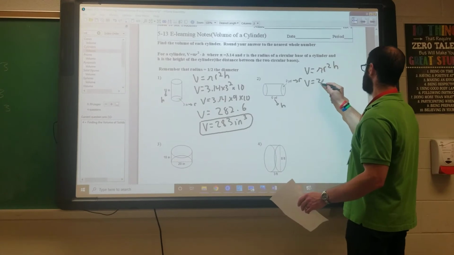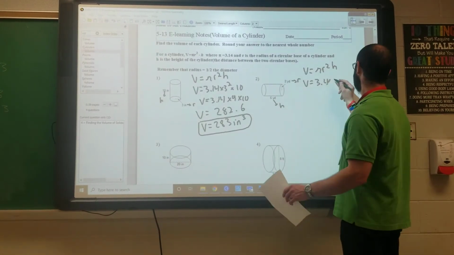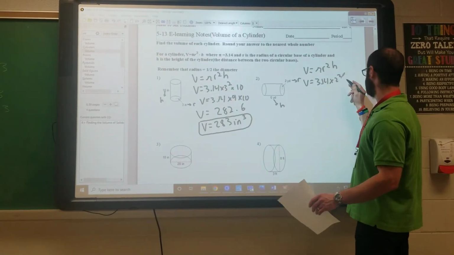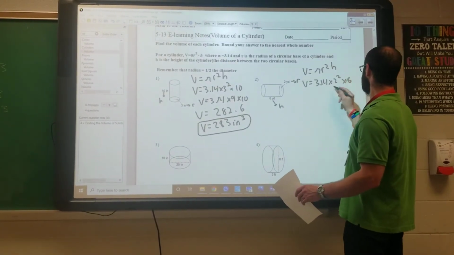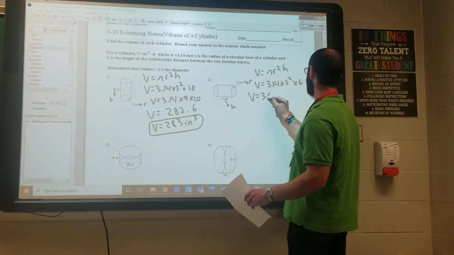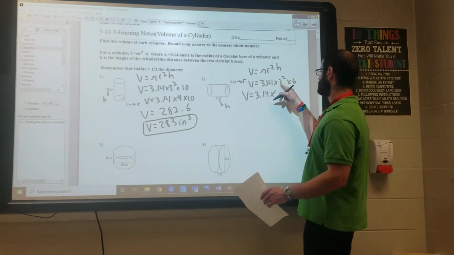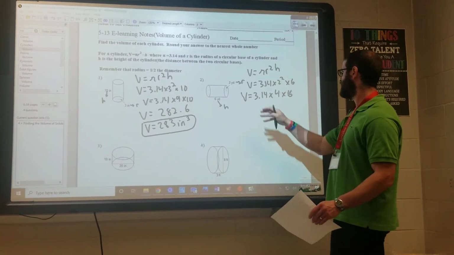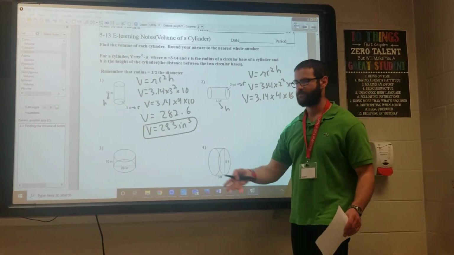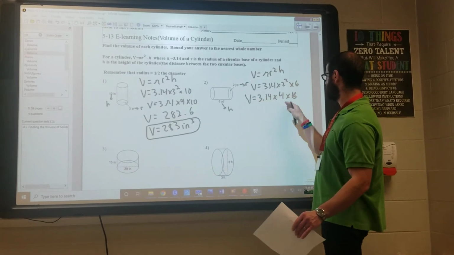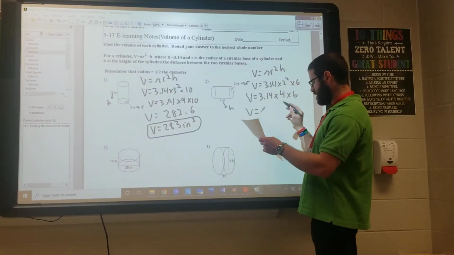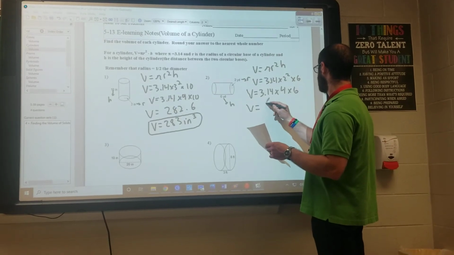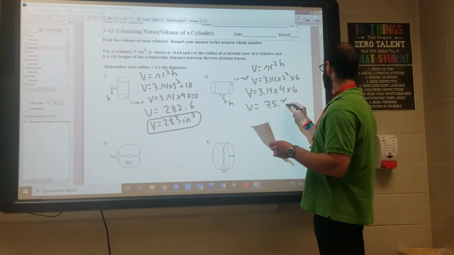So 3.14 times 2 squared times the height of 6. Volume equals 3.14, simplify the exponent, so times 4 times 6. Now we can multiply, because order of operations says we have to do the exponent before we multiply. When I multiply, I get 75.36.